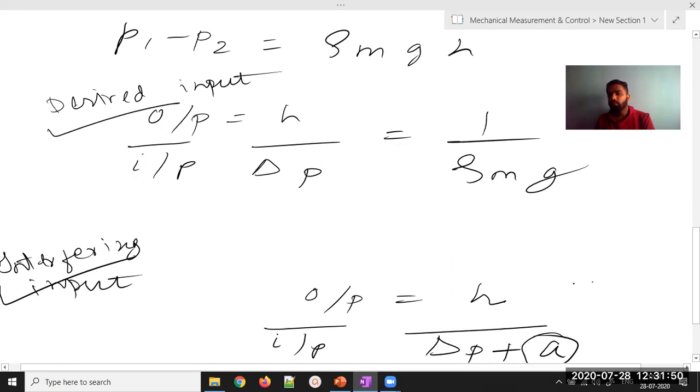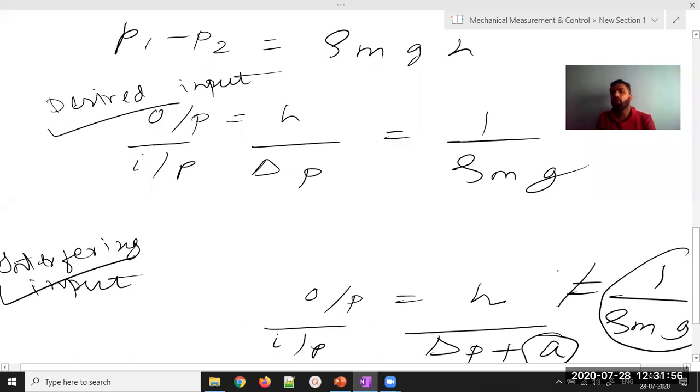So now this value will not be a constant of the instrument. Why? Because now I am not getting only H1. Initially this was only H1. Now what I am getting is H2, which might be greater, which might be lower, it might be anything. It depends upon what my acceleration is, and how the acceleration contributes to the change in input.